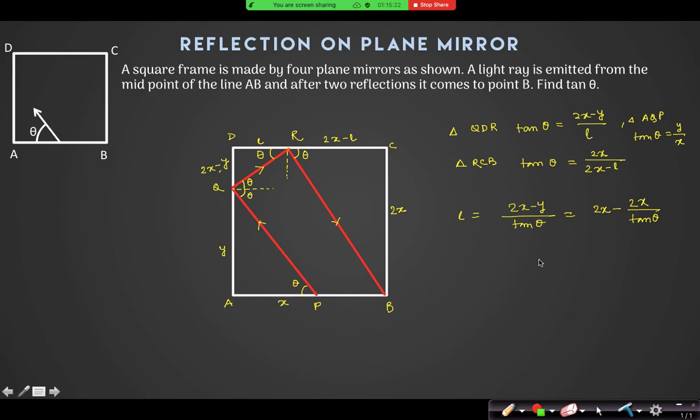Yes or no? Now I have got a relation of x and y, and I can just find the ratio of x and y, and we will find the tan theta. Calculation is becoming somewhat lengthy.